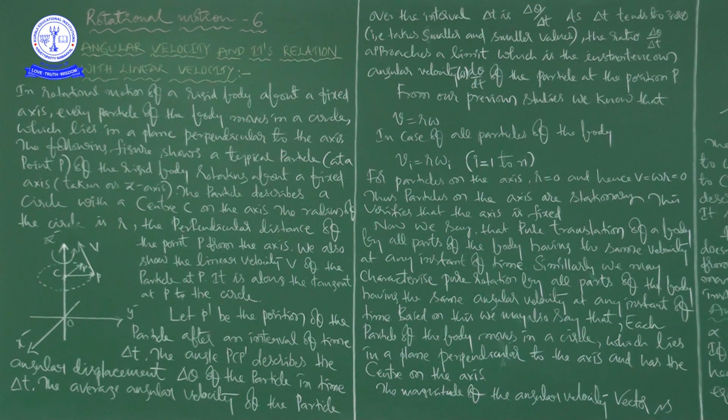Now we are going to see angular velocity and angular acceleration also. But initially our focus is to study the relation between angular velocity and linear velocity. So when we study the relation between these two, we have to focus on what angular velocity is, and then you can see the relation between angular velocity and linear velocity.